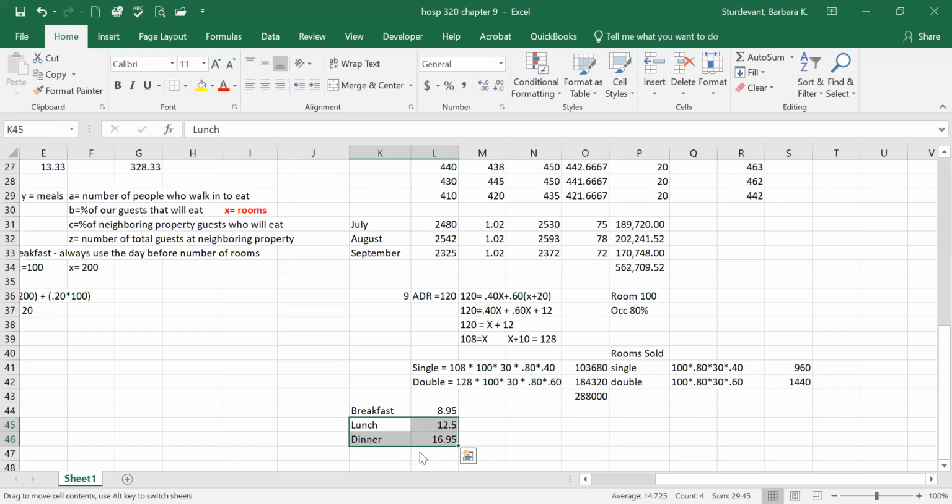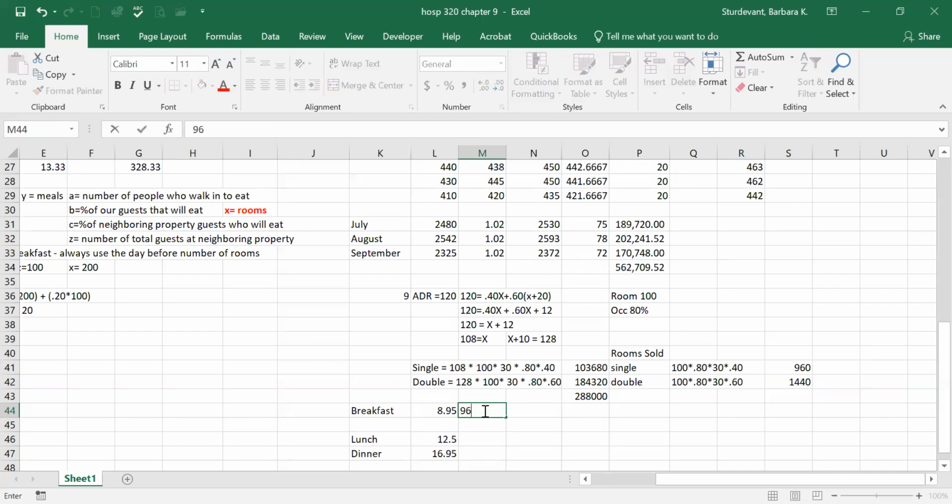Breakfast, we're going to need 2 lines because, all right, of the rooms sold, 40% of those were the single rooms.